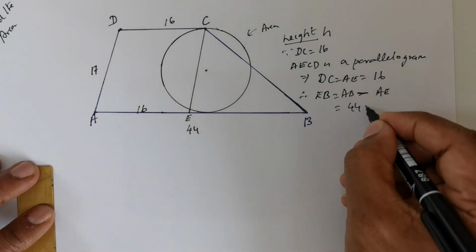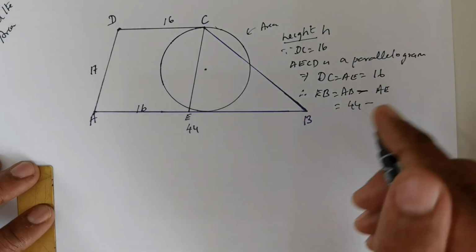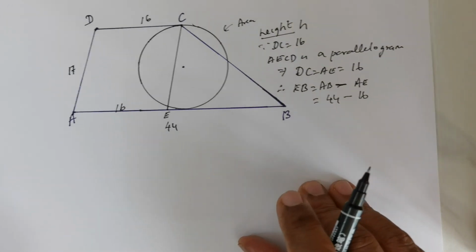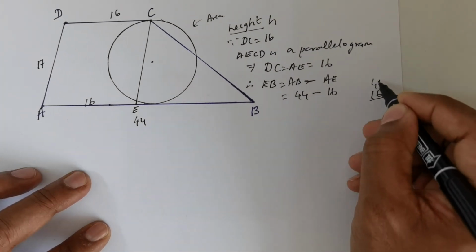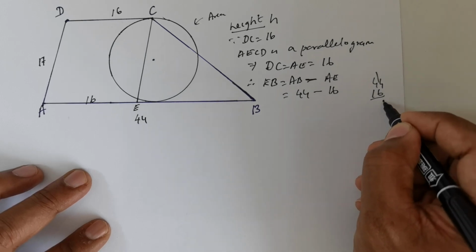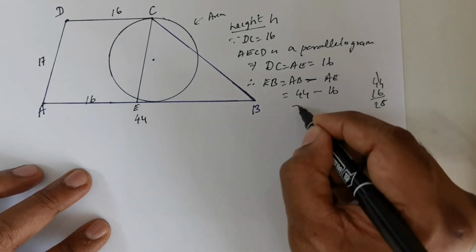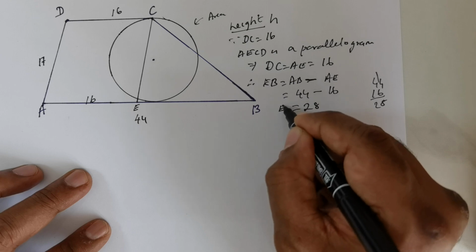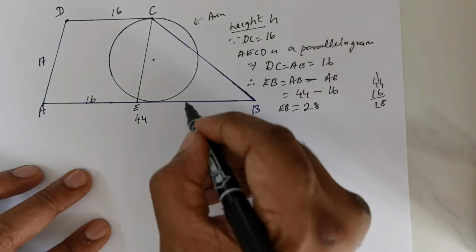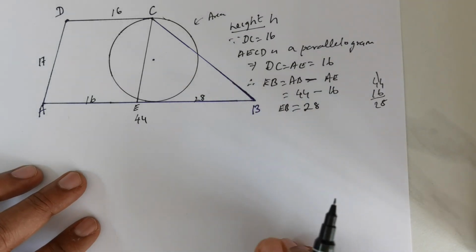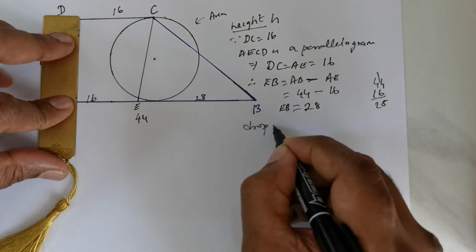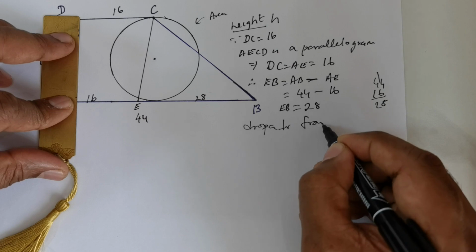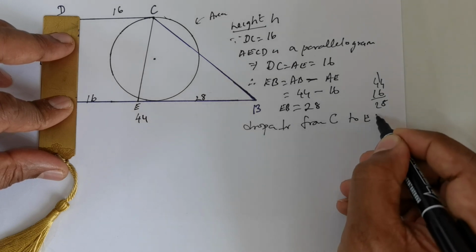So AB is 44 and AE is 16. So what does that give us? 44 minus 16 is 28. EB is 28, so this is 28 units. Okay, fair enough.